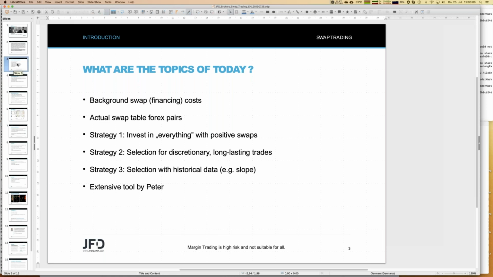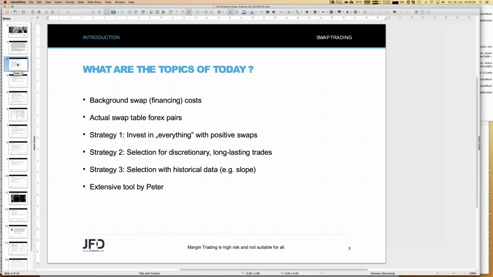I would prefer euros or US dollars, but some currency at least. And so we have to translate those. How to do that, I will explain, and how to find those, I will explain as well. And then you will realize, okay, there are Forex pairs with positive swap values.